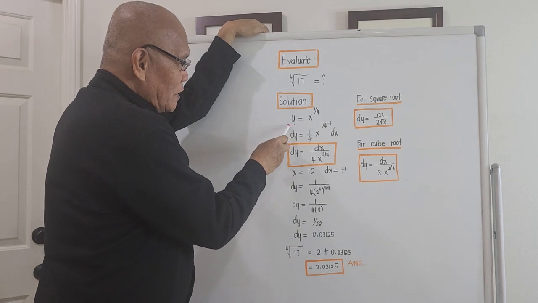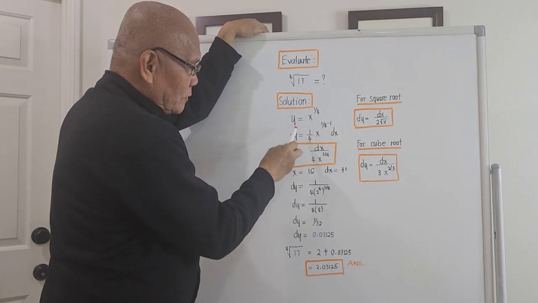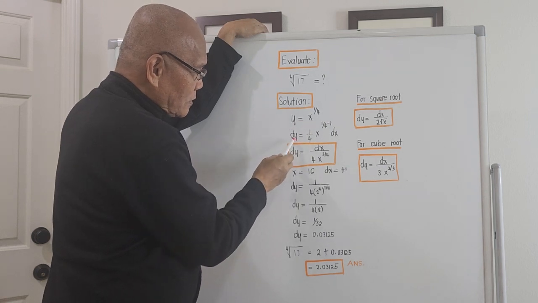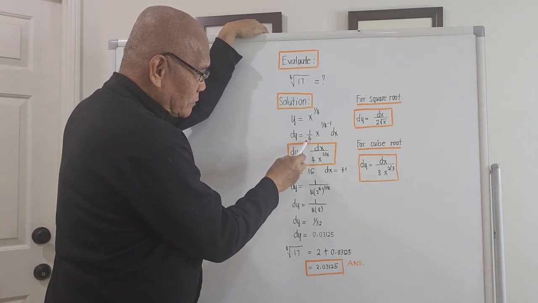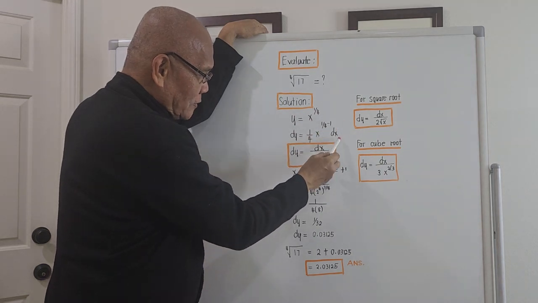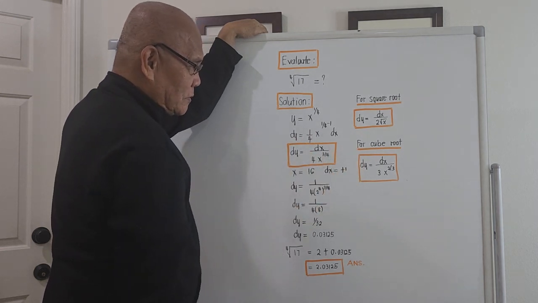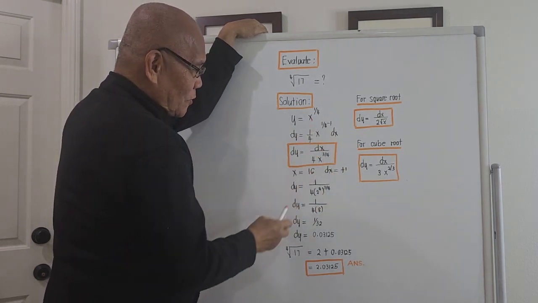We let y equal to x to the 1/4. Taking the differential, dy will be 1/4 times x raised to 1/4 minus 1 times differential x. We are taking the differential of both sides, right? So this falls under the power formula.